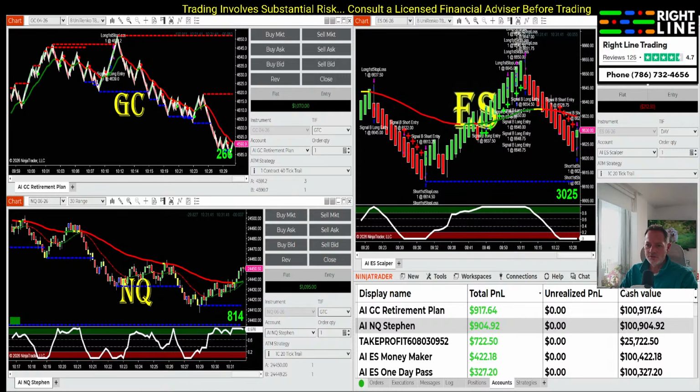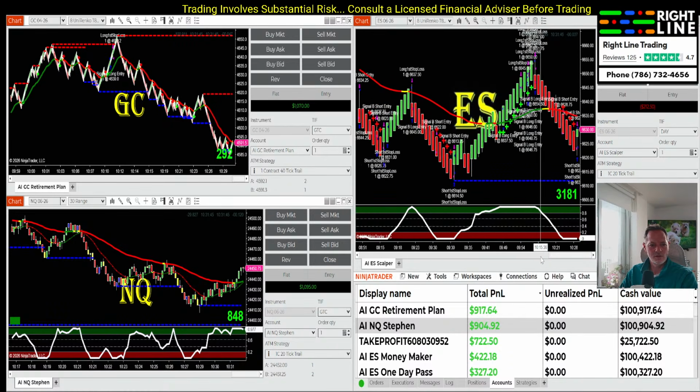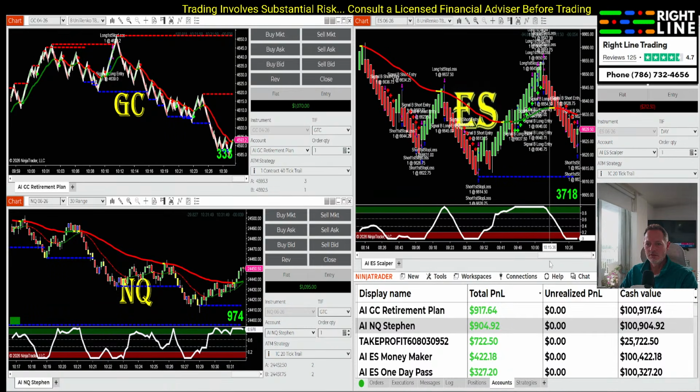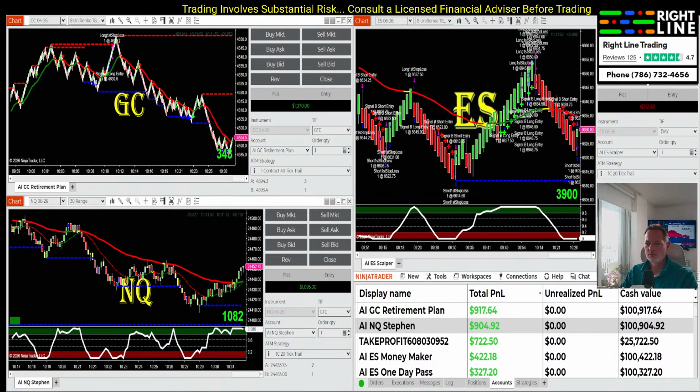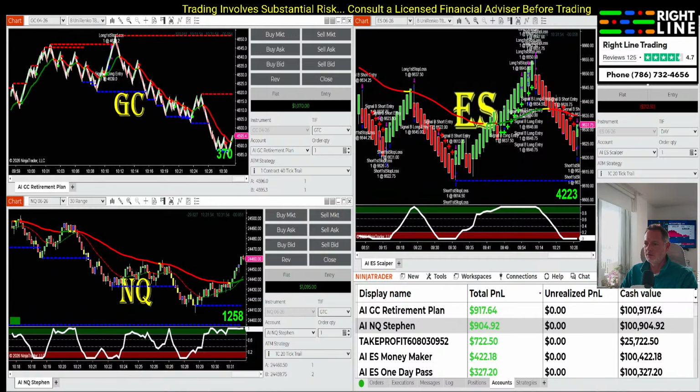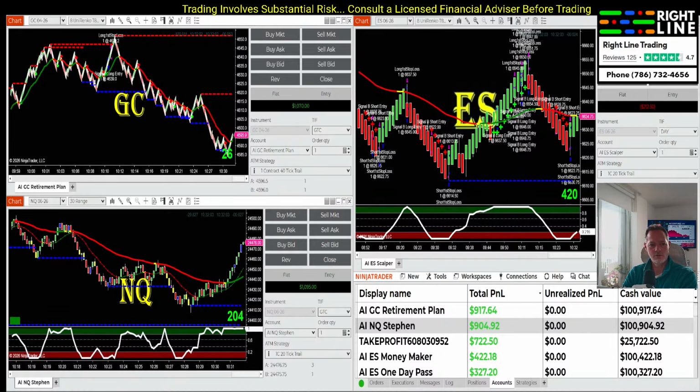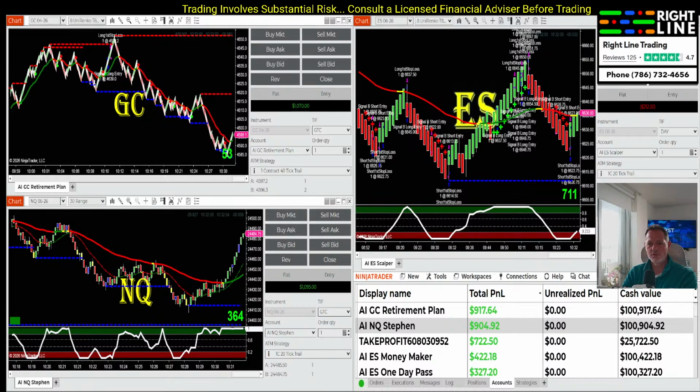I just took a loser there. Market's turning the corner. Turning one more corner. Nice one. Nice reversal right there. Wow, that's a big one.